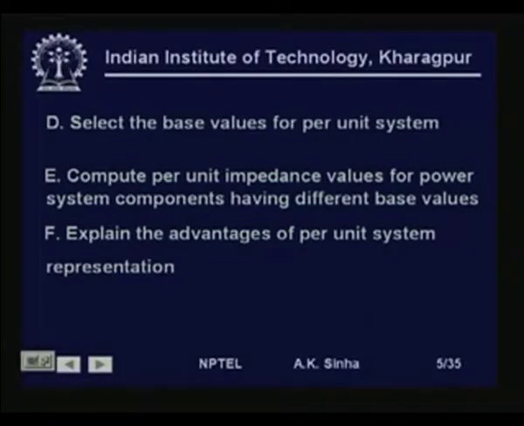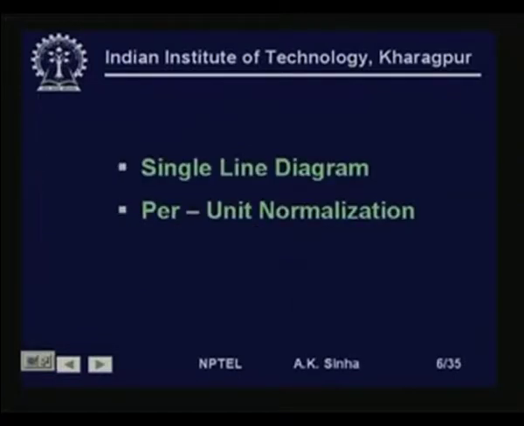Then we will also be able to compute per unit impedance values for power system components having different base values, and finally you would be able to explain the advantages of per unit system of representation. So we will take up these two forms of representation of a power system.